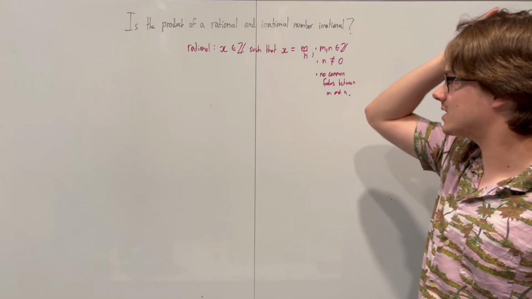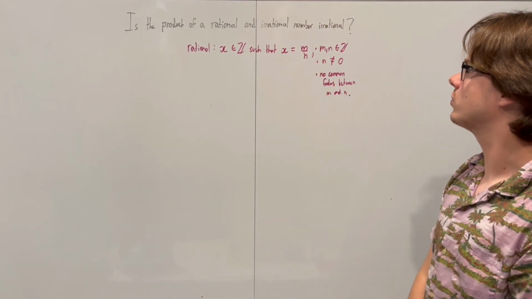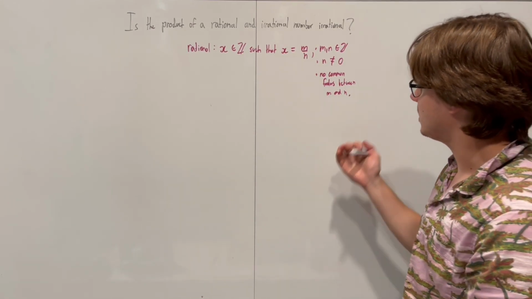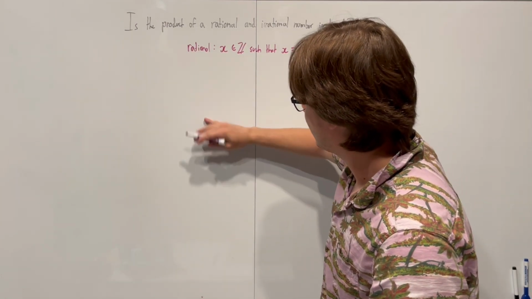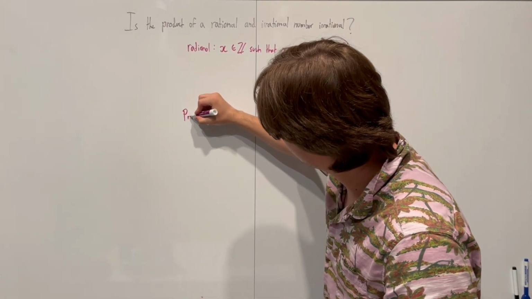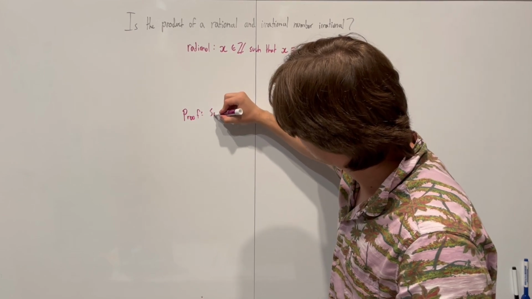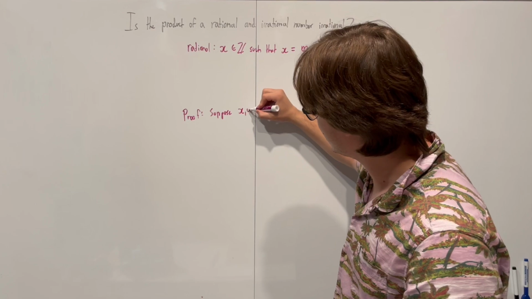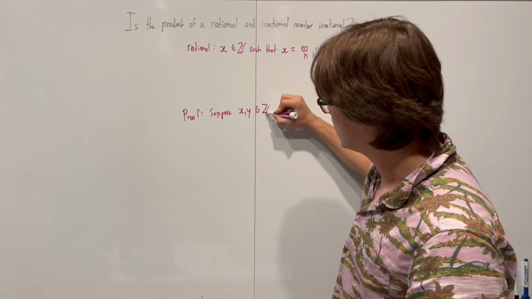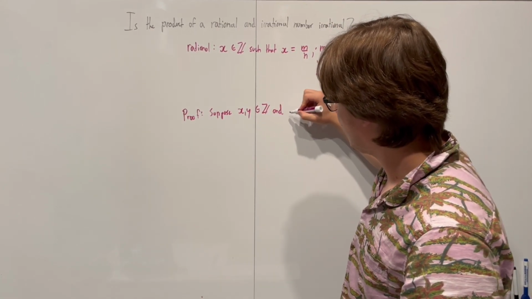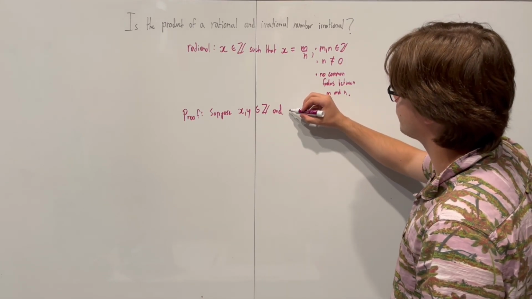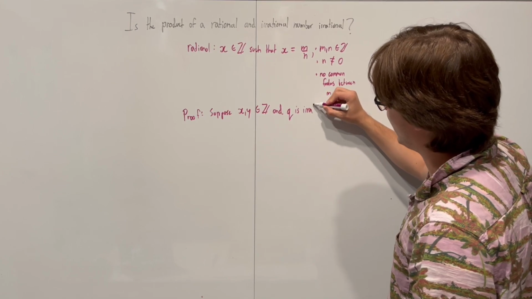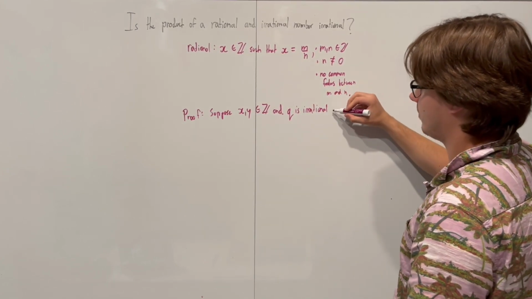We're going to instead say, well, let a rational and irrational number, the product of those two, be rational, right? So what does this mean? This means that we can say in our proof, let's suppose x and y are integers, and q is irrational, right?